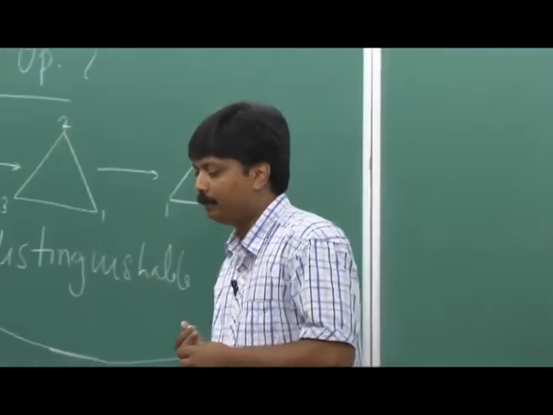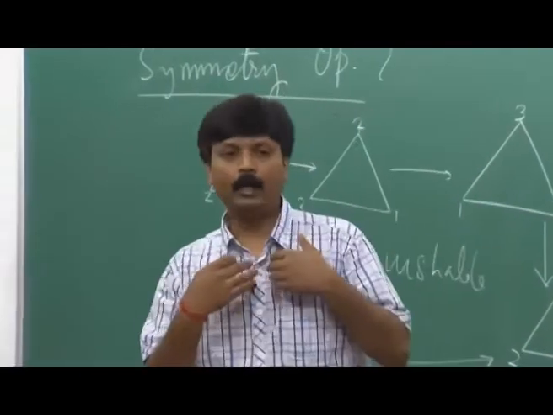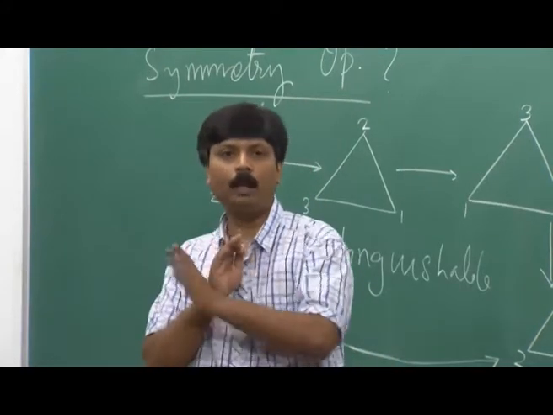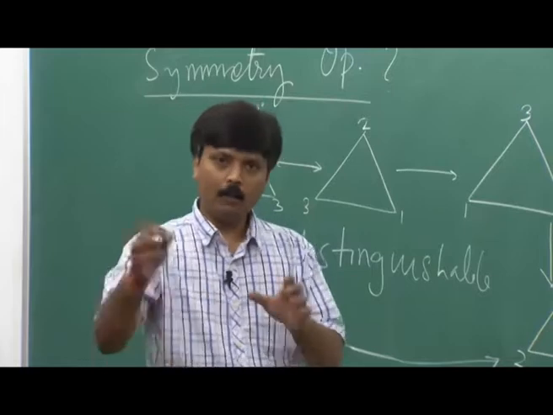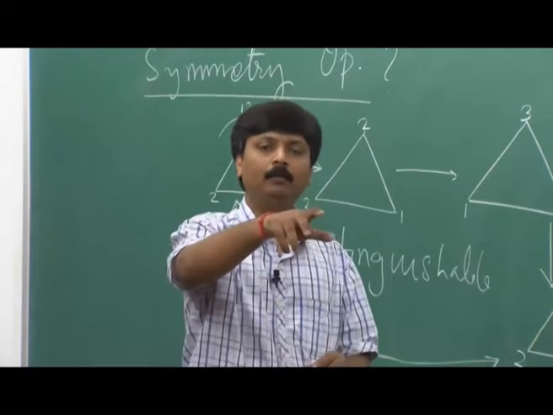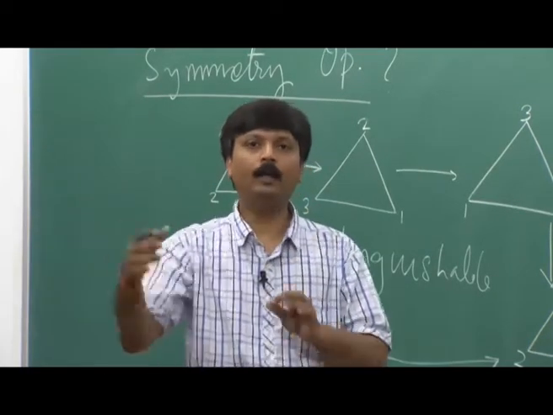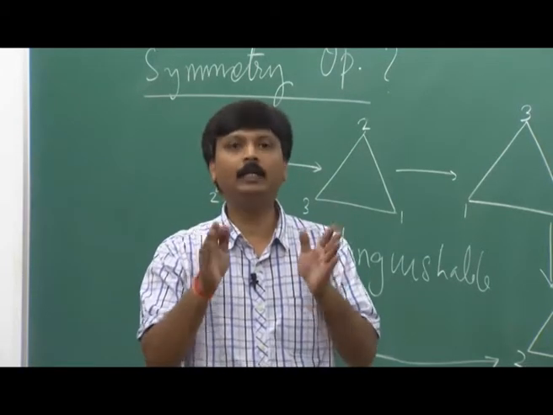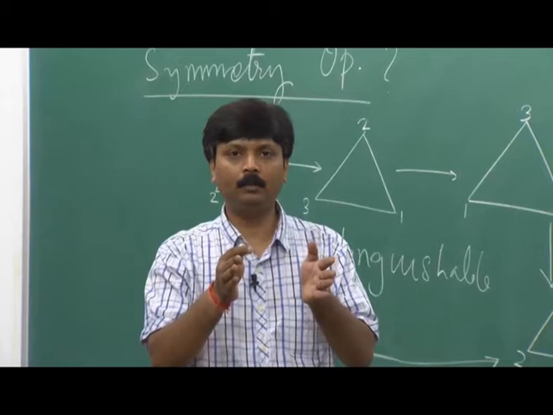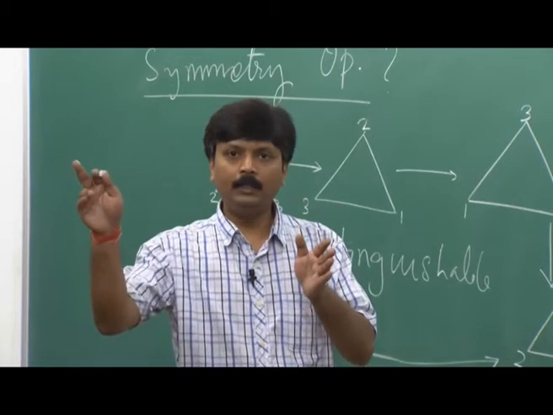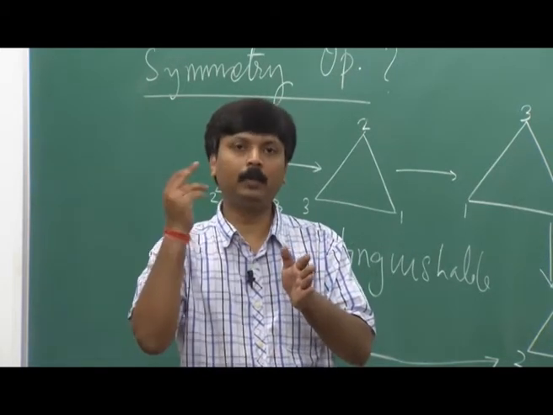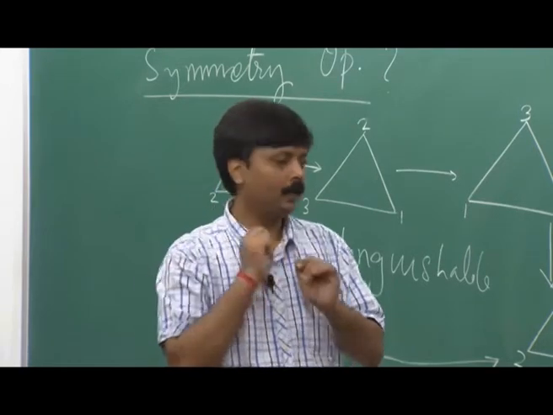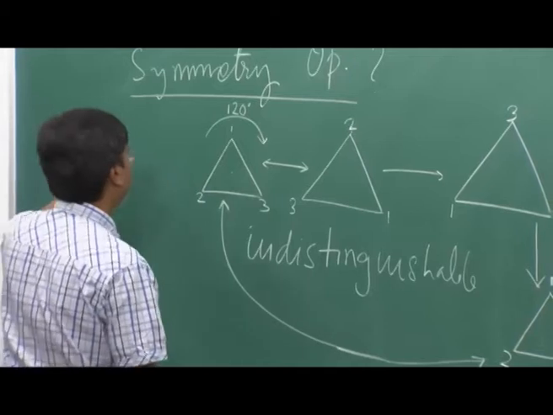Suppose I am looking at some object, and then for a moment I turn around, I am not looking at the object. Now someone comes and does something, goes away, and I turn back again looking at the object. I can't figure out whether there is any change made on that object. Then what the person did when I was not looking is a symmetry operation.